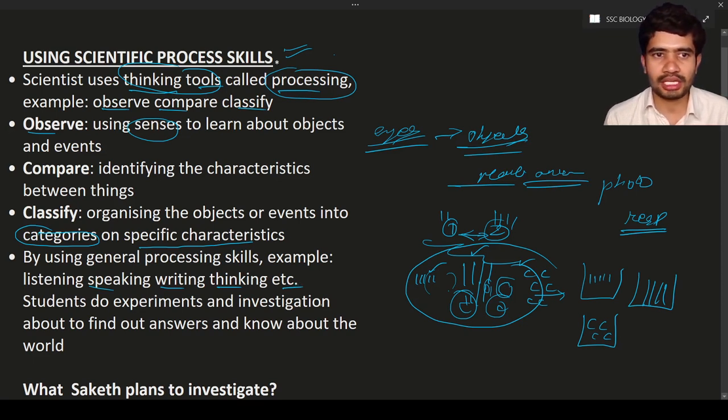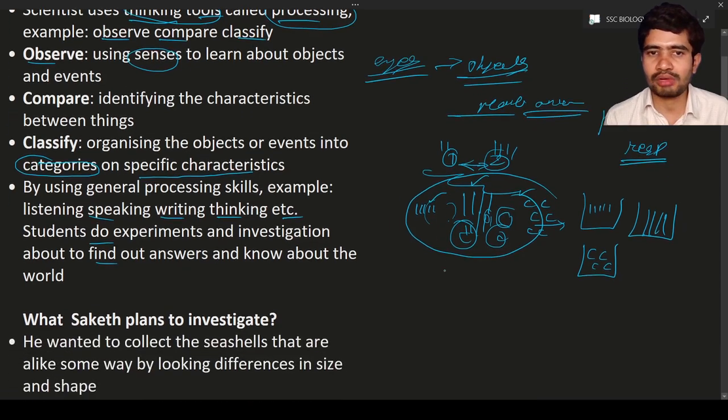So this is about classifying and also using general processing skills by a normal student or person. Students can also do experiments and investigate, and find out answers to understand the world. Not only scientists, you can also do it.